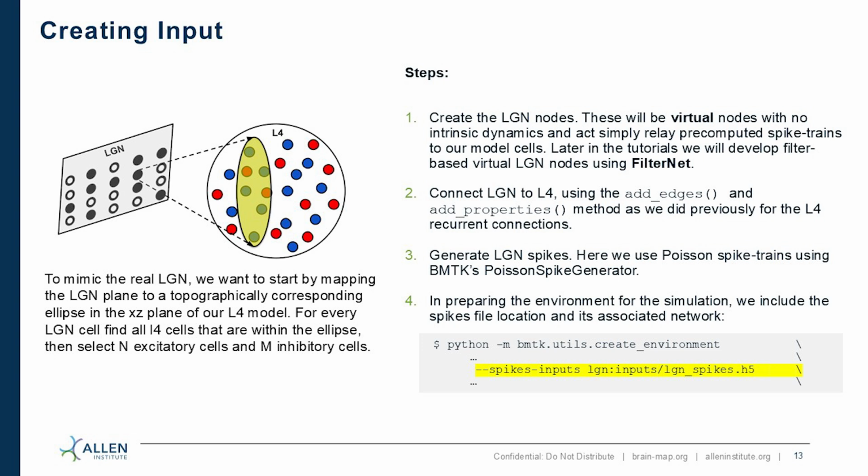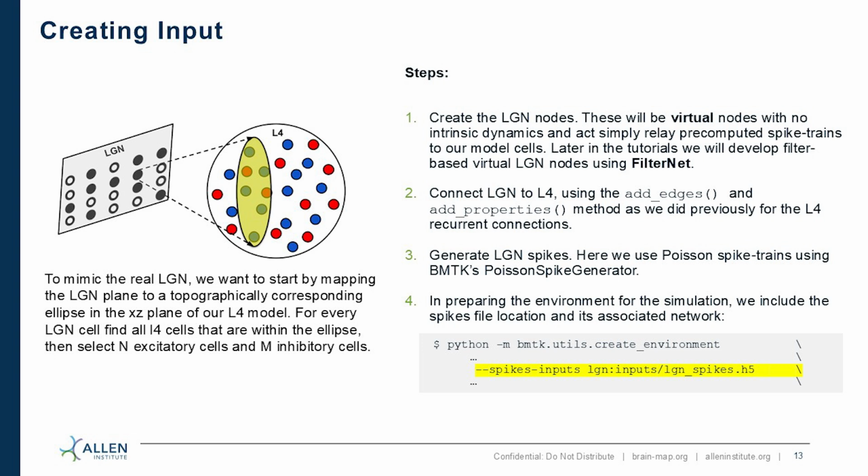And we're going to create something that very abstractly represents thalamic input coming from LGN projecting to our network. And so what we do is we assign an XY coordinate to each of the LGN cells in our feed-forward input layer.